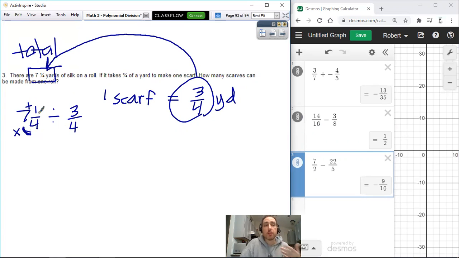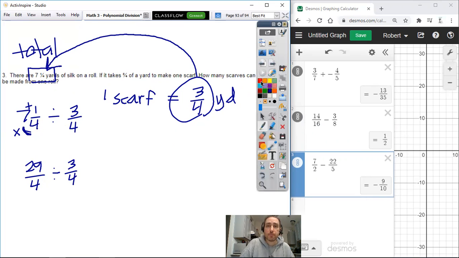So 28 plus 1 is 29 divided by 3/4. We're going to keep, change, flip. So 29 over 4 multiplied by, and we're going to flip that to 4/3.